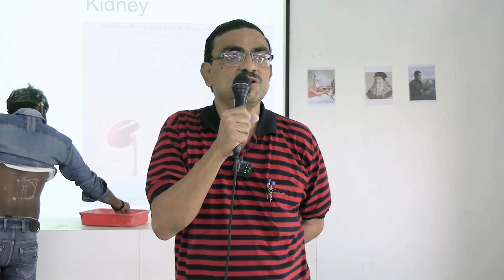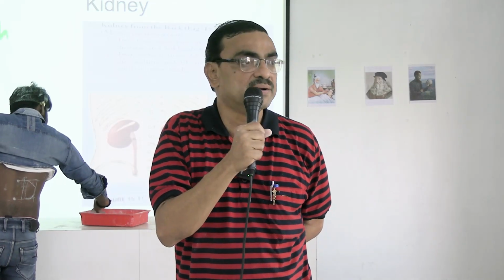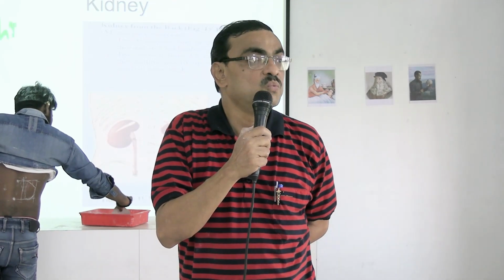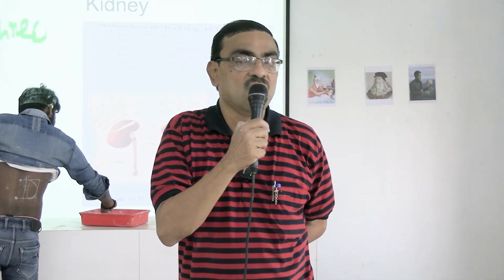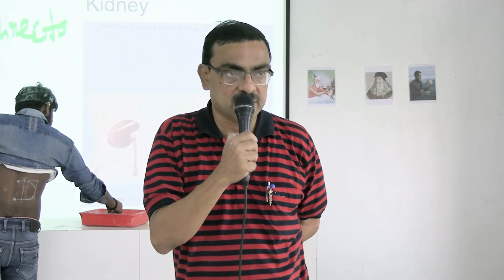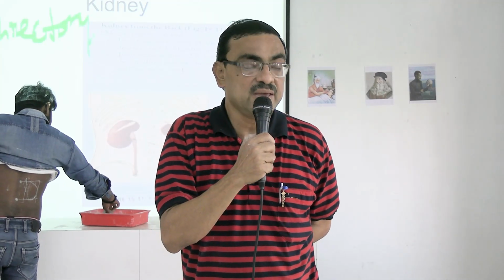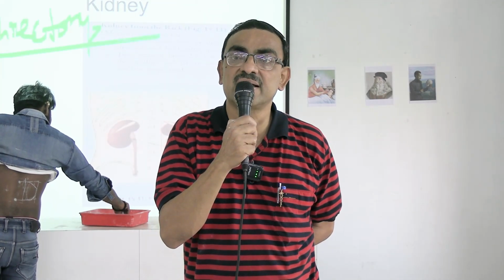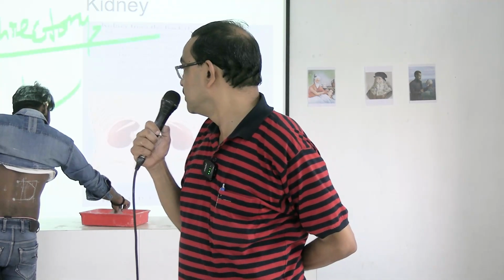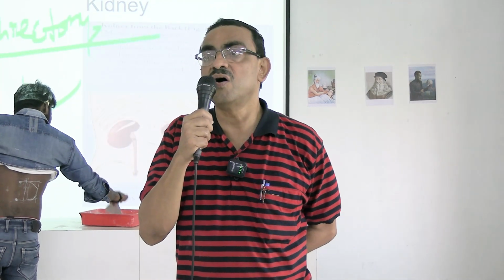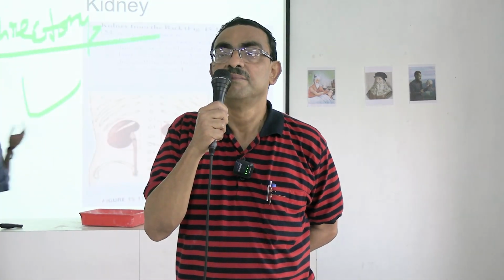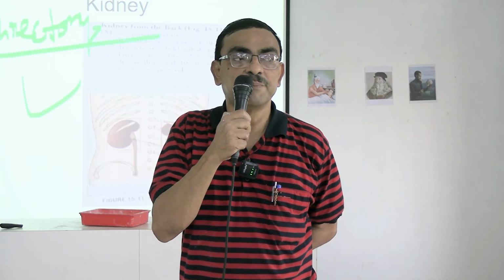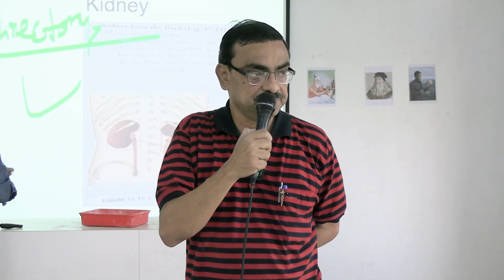There is one tumor which is called Wilms tumor, or renal cell carcinoma. We can reach the kidney from the back. So, in that case, we have to know the surface projection of the kidney.